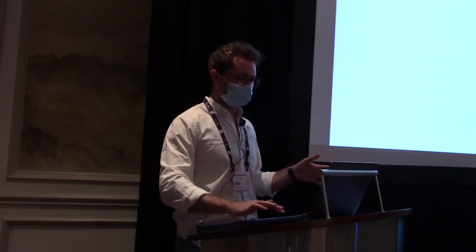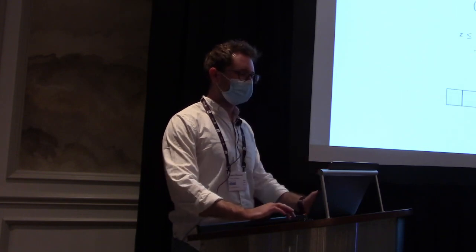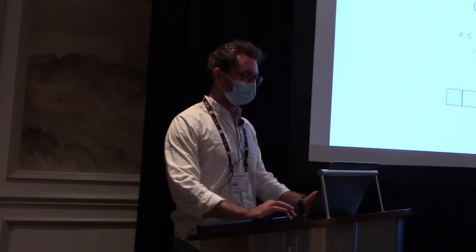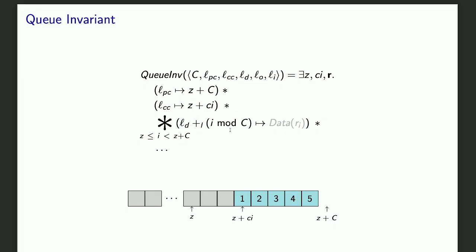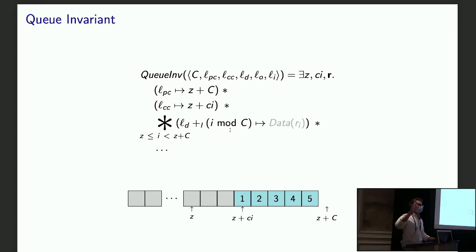If you look in the invariant, modular arithmetic does show up, like when we're specifying the memory layout, we have to take mods. But it's nice that we were able to contain the modular arithmetic just to the physical memory layout and not use it in the logical pieces.